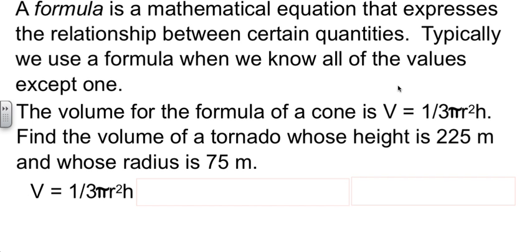Typically, you'll use a formula when you know everything except for one value. If I told you the length and the width, you could tell me the area. If I told you the area and the width, you could divide and get the length. So here's an example in which I give you the formula for the volume of a cone.